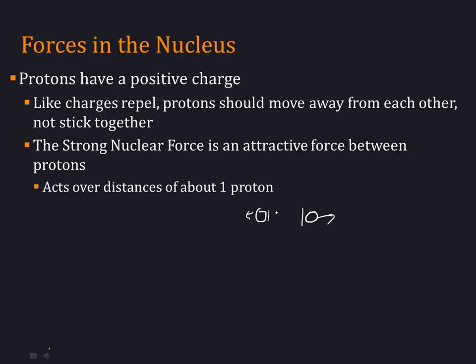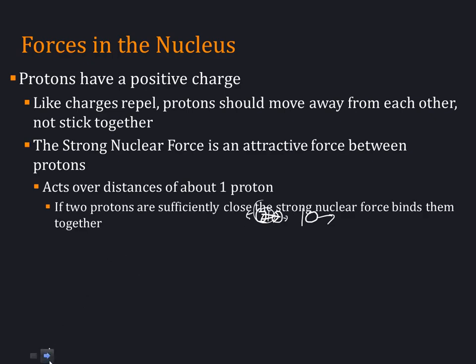But if you had two protons this close together, there's still that small repulsion from the electric charge, but there's a very, very strong nuclear force trying to pull those two things together. And since the strong nuclear force has a greater effect in that case, more stable would put them closer together. In the case where you had two protons farther apart, more stable means getting those things further apart.